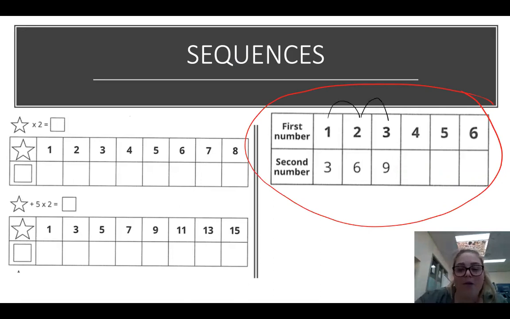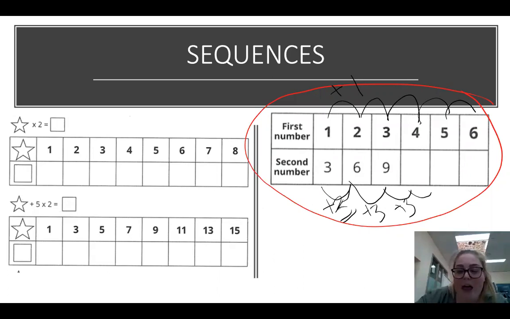If we have a look at the numbers on the top, they jump up by 1, meaning each number increases by one. If we have a look at the bottom numbers, they increase by a different amount. So 3 to 6, that increases by 3. 6 to 9, by another 3.